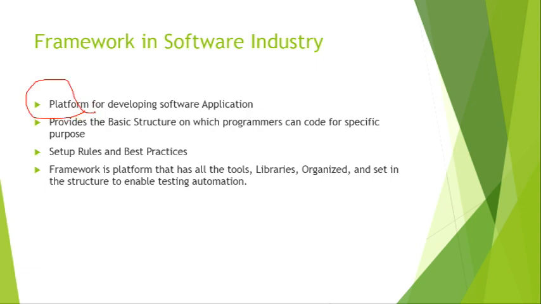A framework works as a platform for developing software applications. A framework is nothing but a platform. It provides a basic structure on which a programmer can code for a specific purpose.